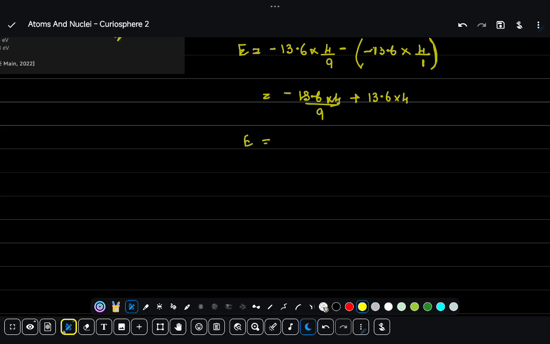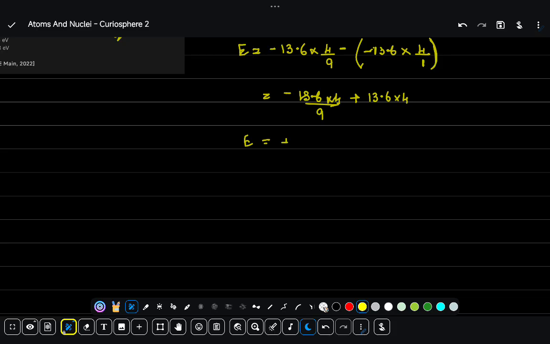Now if you compute this, let's put it in the calculator: 13.6 into 4 minus 13.6 into 4 divided by 9, 48.34, right?